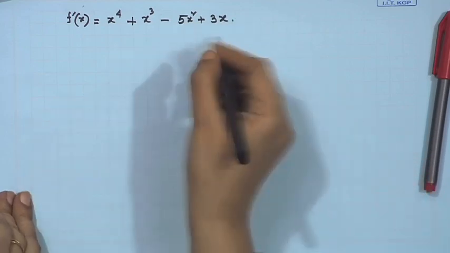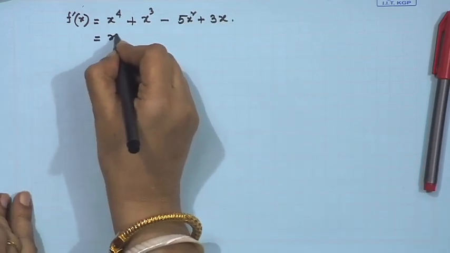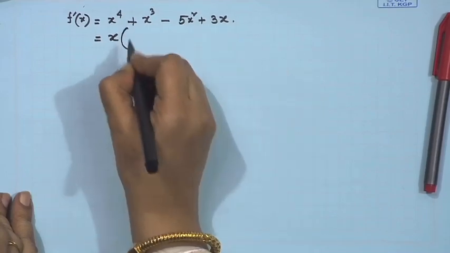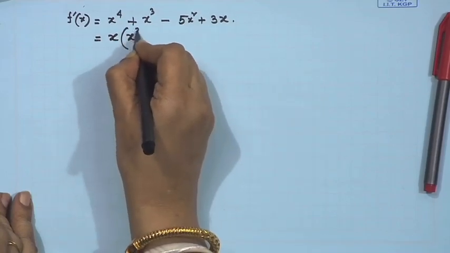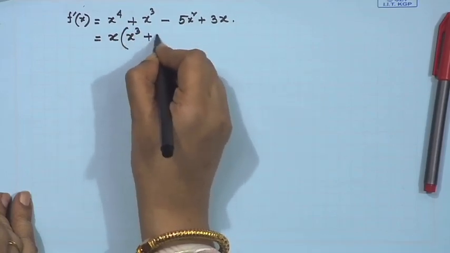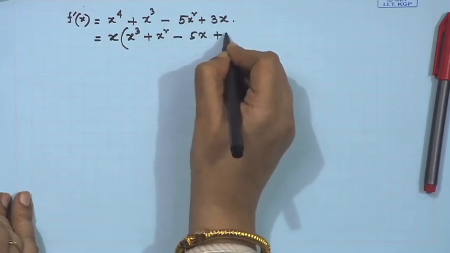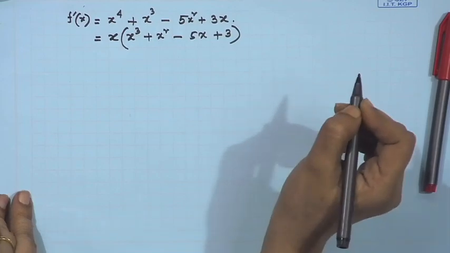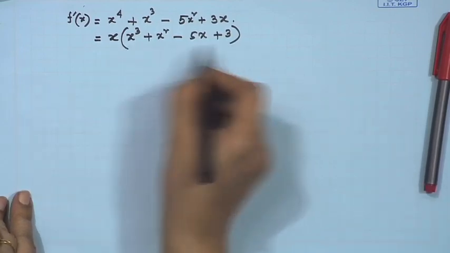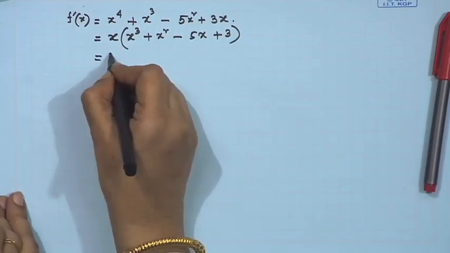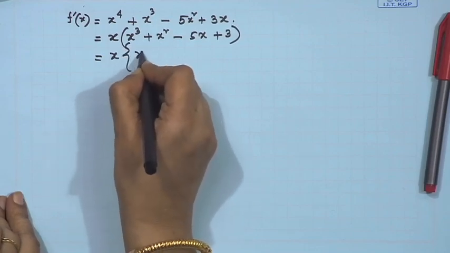Now, if we equate to 0, let me simplify this. If I take x common, then it will be x cube plus x square minus 5x plus 3. Now, for this, minus 3 must be one of the roots, so let me consider minus 3 as one of the roots.